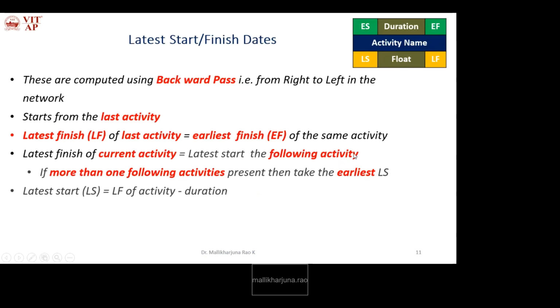While calculating the latest finish for the current activity, if it has more than one following activity, then take the earliest latest start. The latest start of the current activity is calculated as the latest finish of the activity minus duration, which gives the latest start of all the activities.